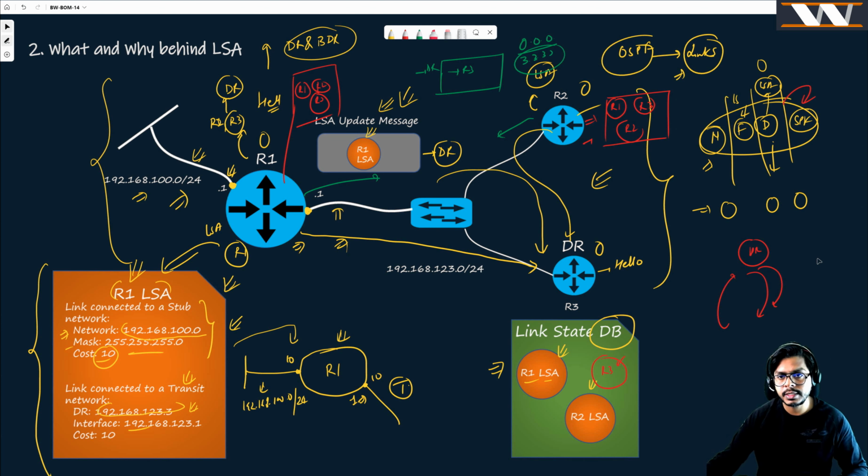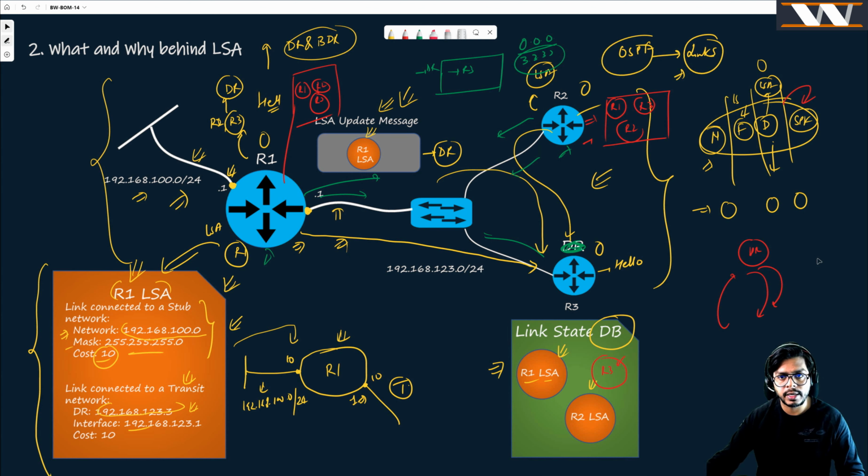Suppose you do not have any DR here and everybody is freshly booting up. Nobody knows about the DR, so everybody is sending hello with all zeros in the DR field. Then R1 starts electing, R2 starts electing, and everybody is going to be on the same page. Why? Because they are receiving the same hellos.